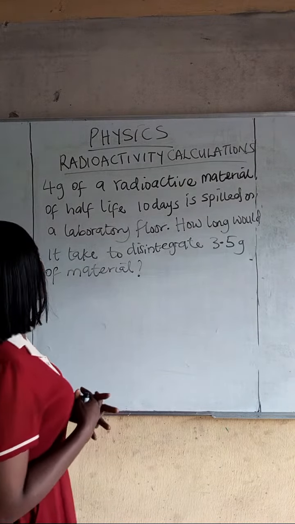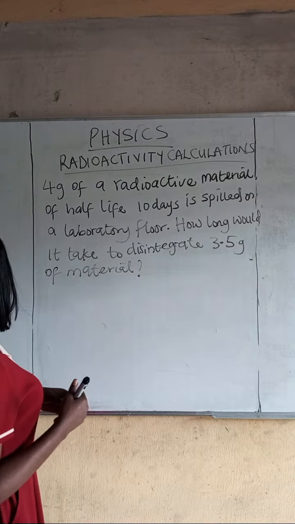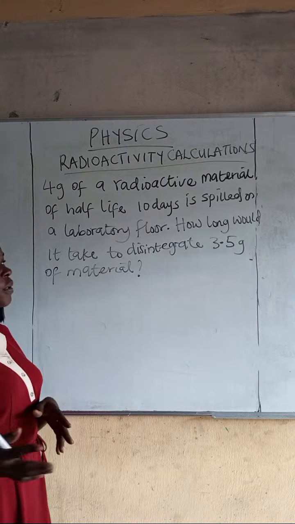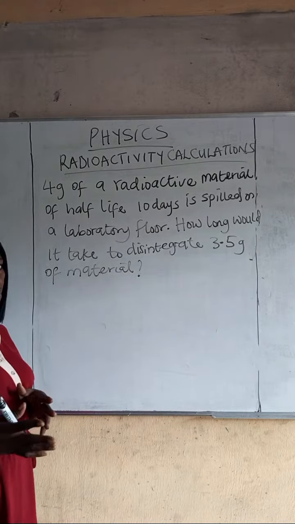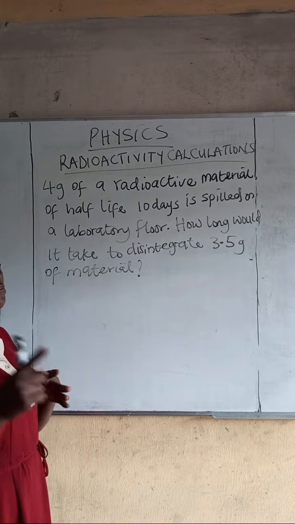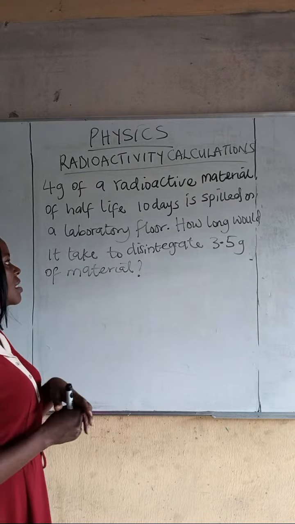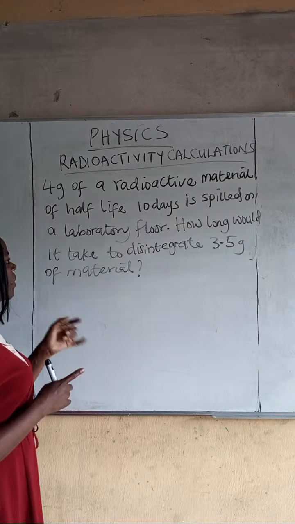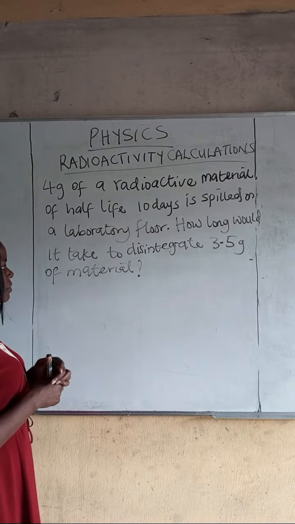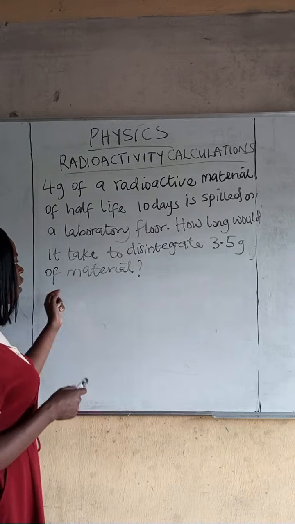Okay, let's solve this problem together. 4 grams of a radioactive material of half-life 10 days is spilled on a laboratory floor. How long would it take to disintegrate 3.5 grams of material?